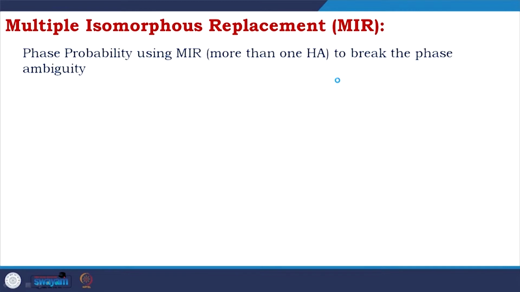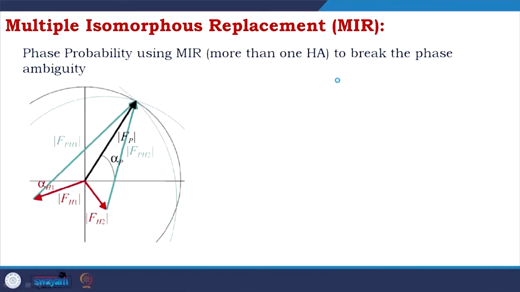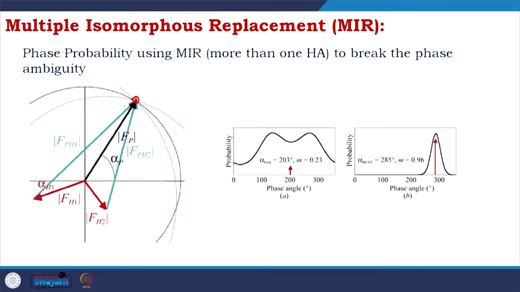What we are doing in SIR, we are using one heavy atom derivative, here we are actually using more than one heavy atom to break the phase ambiguity. So, when instead of 1 you use 2, you only cut in 1. So, there is no ambiguity.